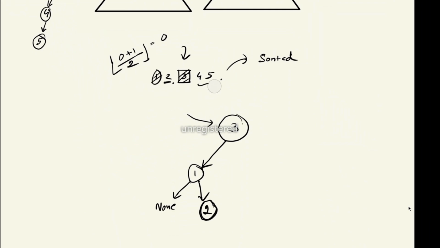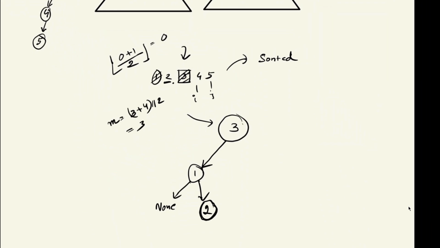Okay, so now we'll do the same thing for the right part. And here my left is this 4 and my right is 5. So let's make a pointer. This is my i, here is my j. What will be my middle? m equals 3 plus 4 float division 2, which is 7 float division by 2, which is 3.